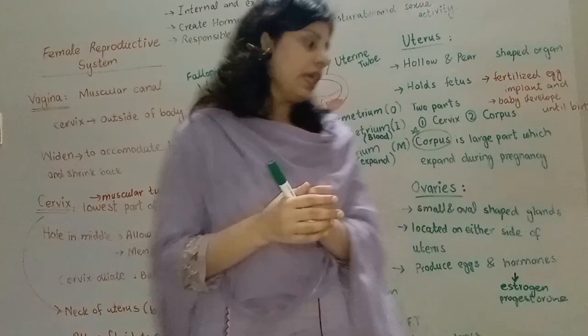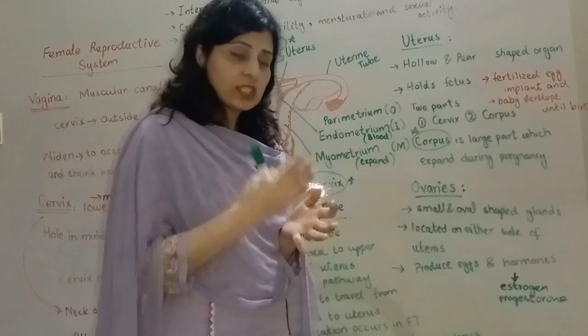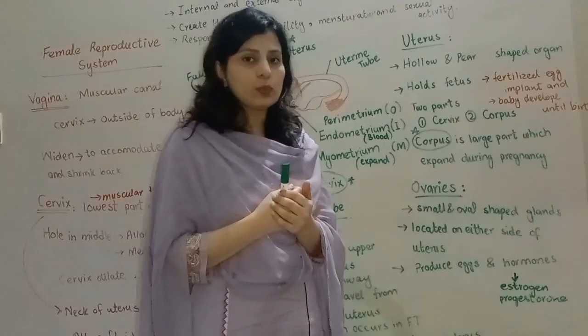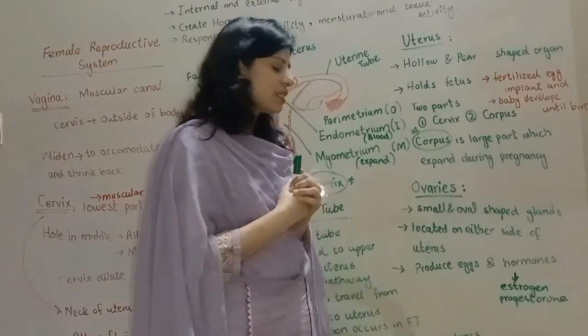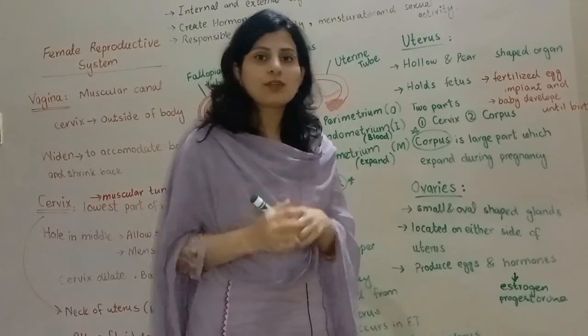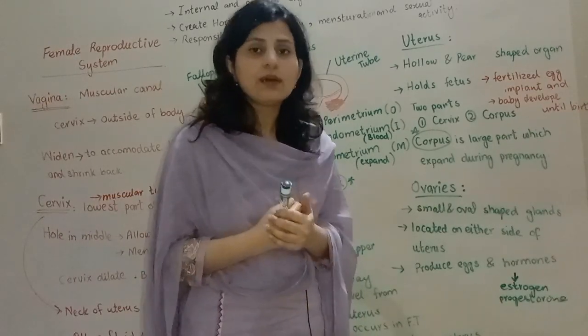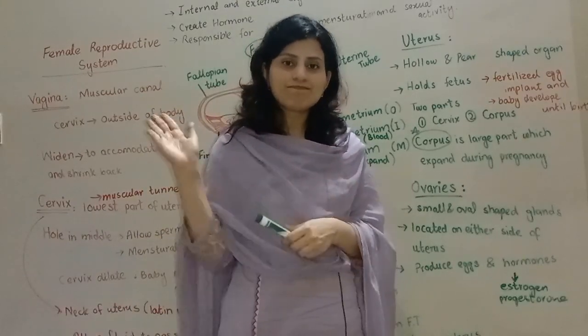The function of the ovaries is to produce and store eggs, and they also produce hormones. Two hormones are produced by the ovaries, estrogen and progesterone, which maintain your reproductive cycle as well as the menstrual cycle. That's all about the ovaries.